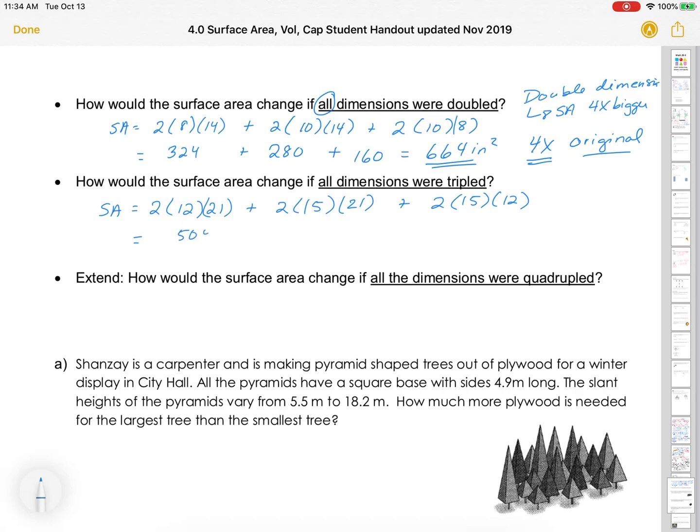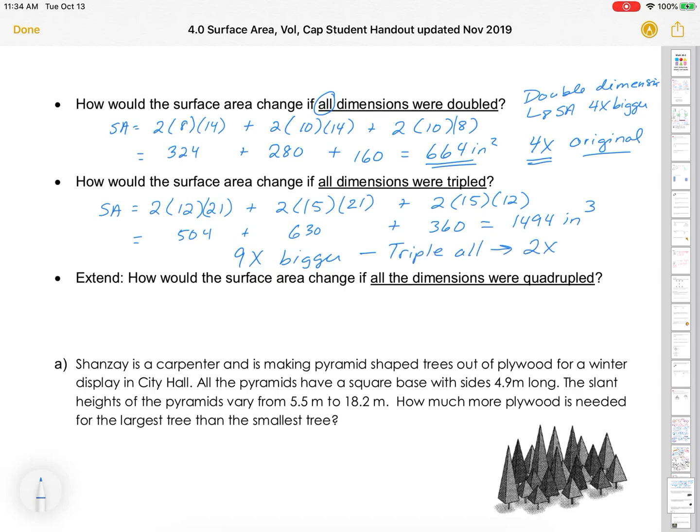We multiply that all through. We get 504 plus 630 plus 360 equals 1494 inches squared, which is actually 9 times bigger.